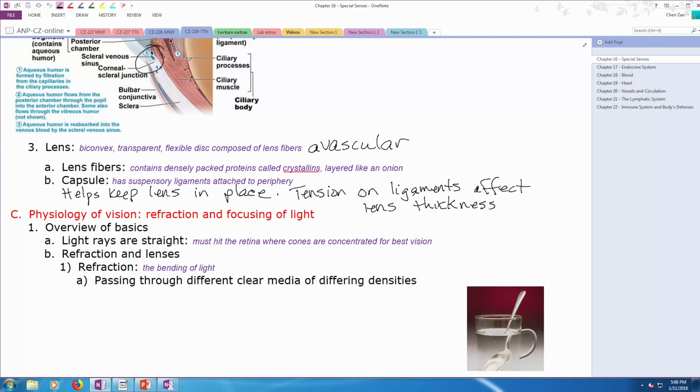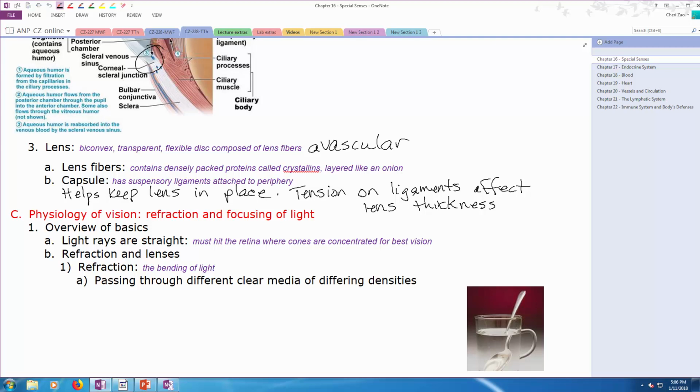Cornea. As a matter of fact, you can have corneal opacities develop from shingles and things like that. That's why shingles is bad for you, especially if you get ocular shingles or ocular herpes, because it can actually scar your cornea and then cause you to have difficulty seeing. So the cornea can become clouded, which will affect your vision.